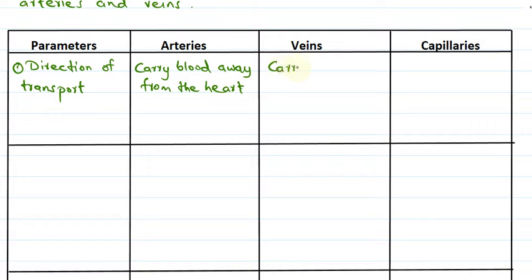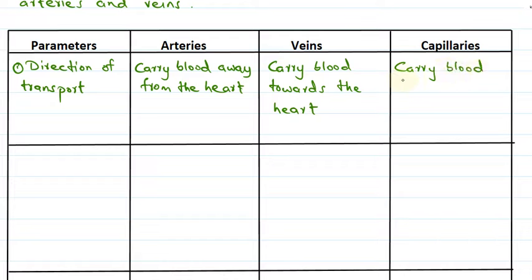They carry blood towards the heart. And in case of capillaries, they carry blood from arteries to veins. Okay. So these are the different directions of transport we can find in case of different types of blood vessels.